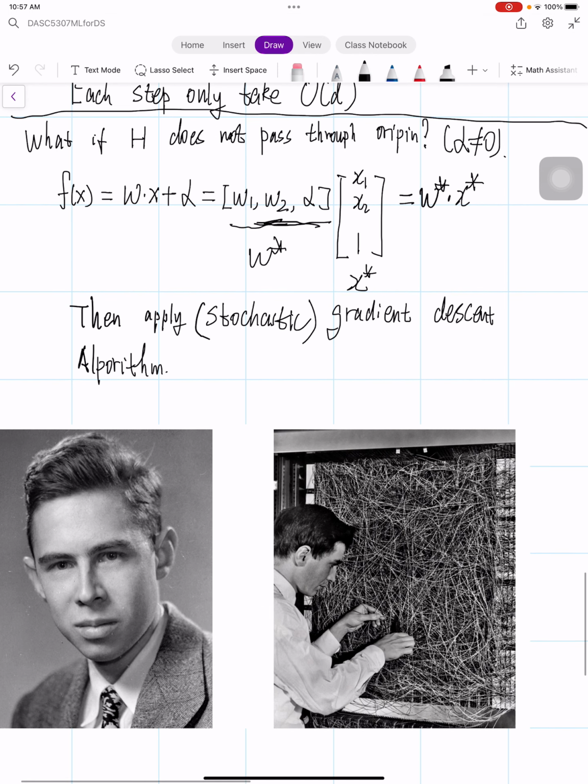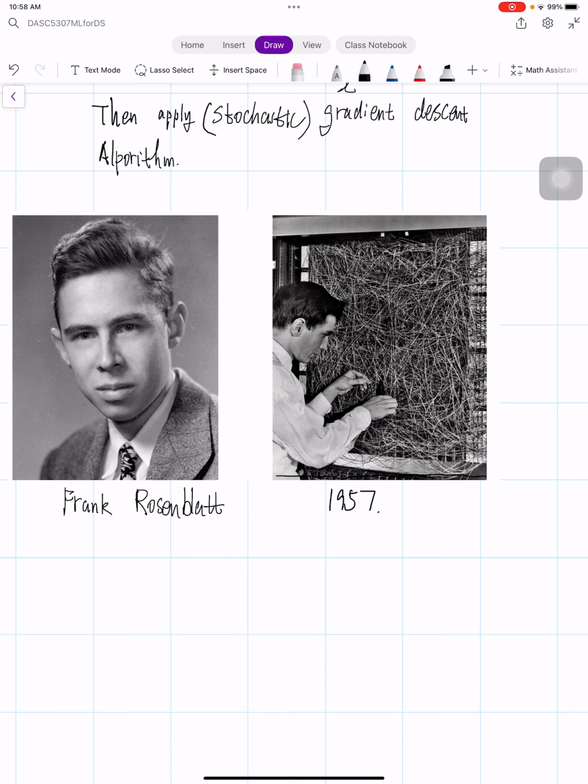He said the electronic computer is expected to be able to walk, talk, see, write, reproduce itself, and be conscious of its existence. So we're still looking forward to this machine learning development.